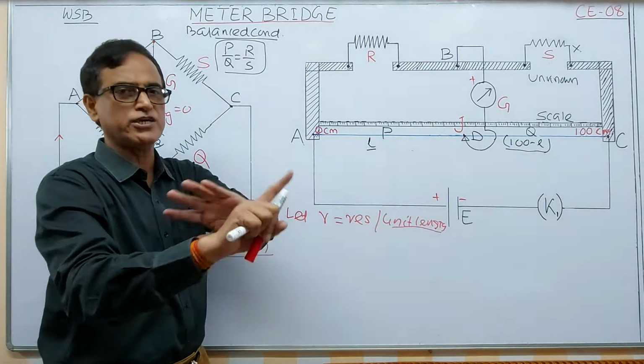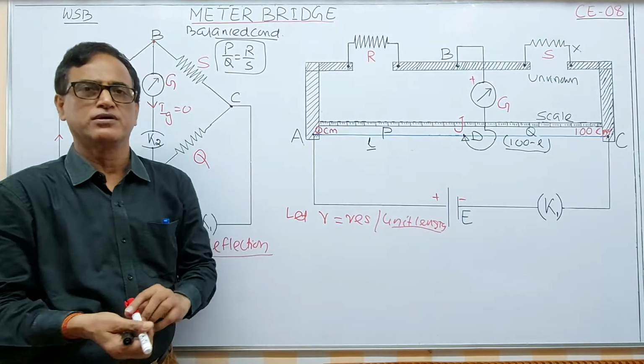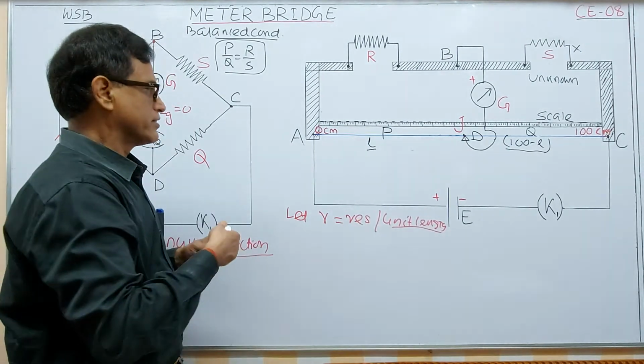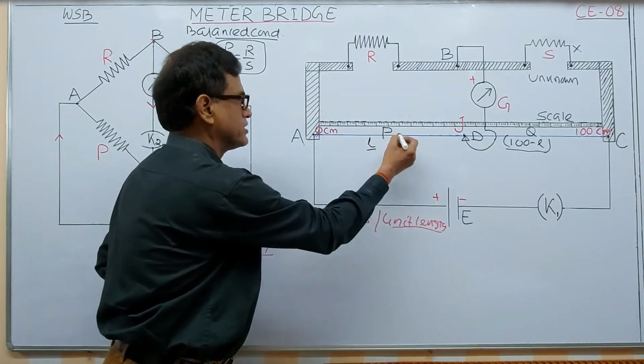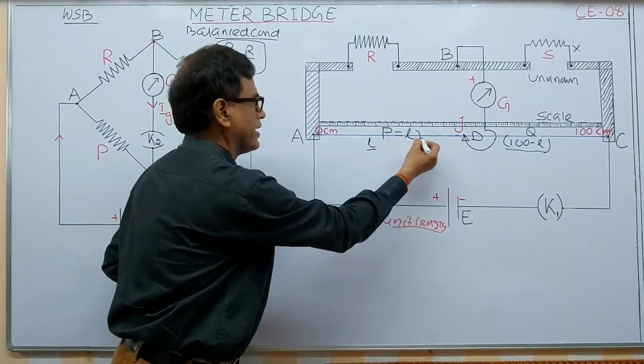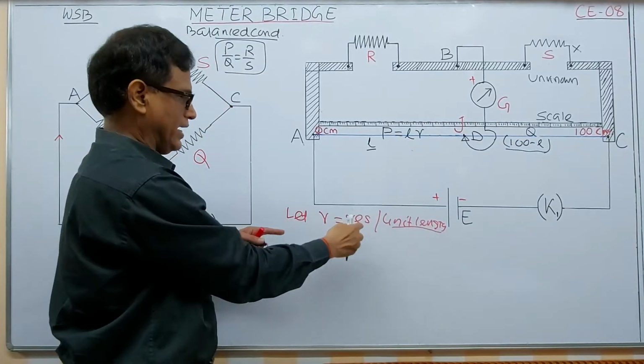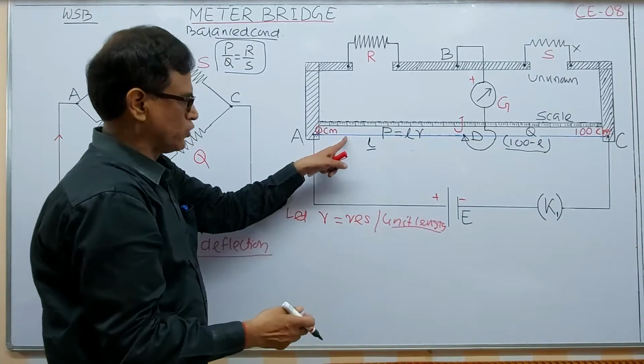Then for length L, resistance will be L into R. Say resistance per unit length of this wire is R.